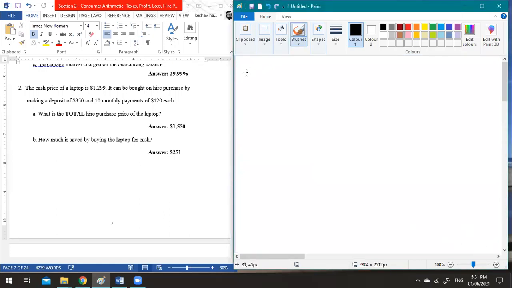So number 2. The cash price of a laptop is $1,299.